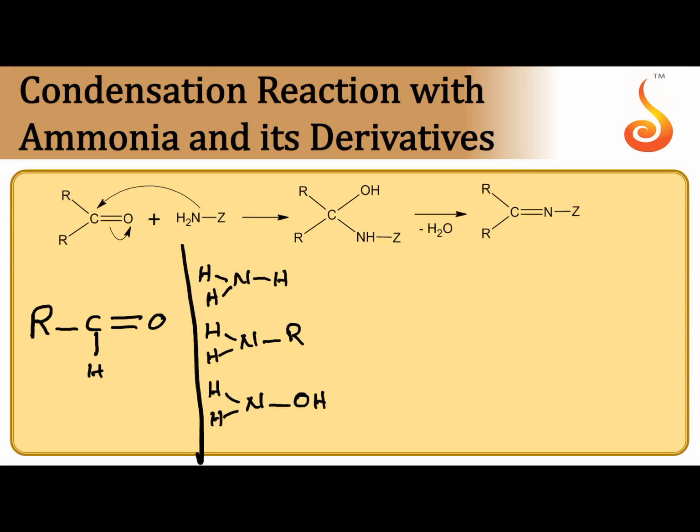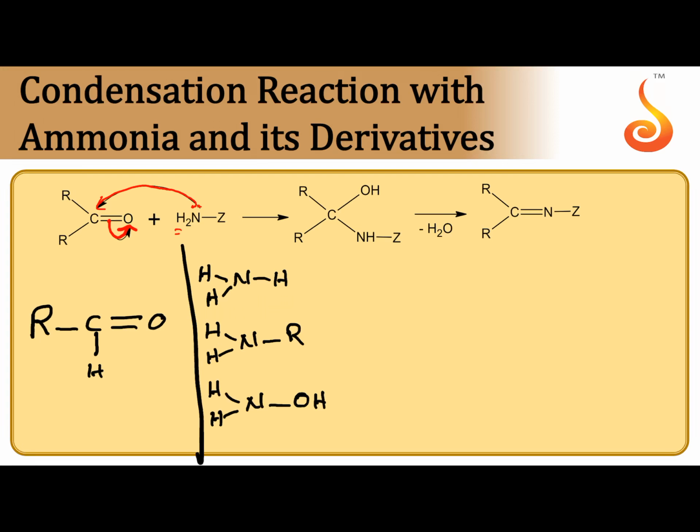Next one, condensation reactions. Addition reaction followed by elimination of a small molecule like H2O is called a condensation reaction. There are 2 steps. In this mechanism, first, through the lone pair, it attacks at the electrophilic carbon. The pi electron pair is shifted over oxygen. Oxygen becomes O minus.